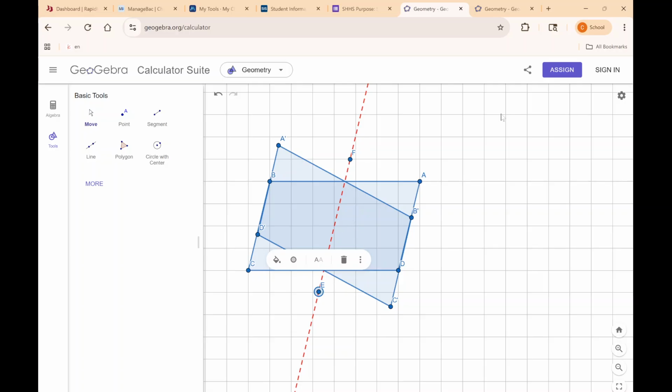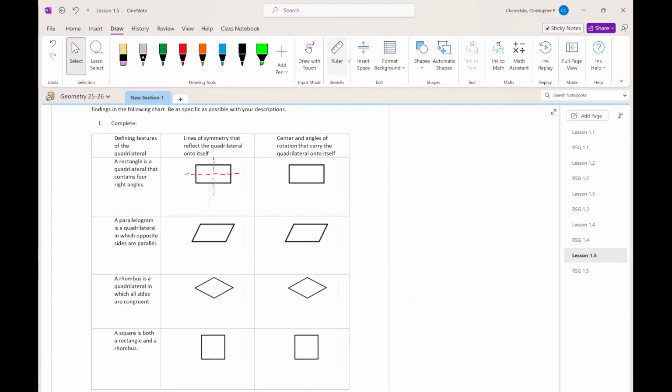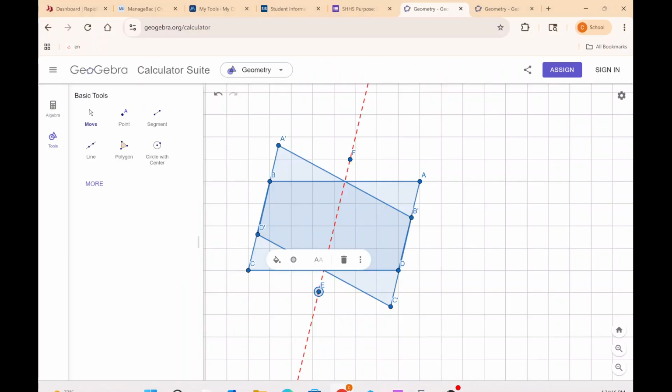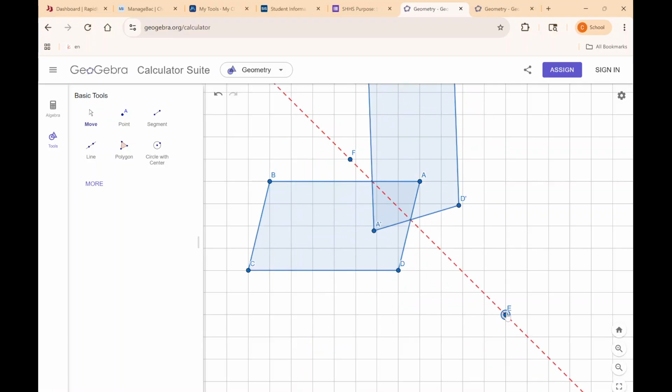Okay, cool image, but not a line of symmetry. And that is the thing about parallelograms, is that there are no lines of symmetry. No place I can put that line to make it work. Okay, let's move our line of symmetry out of the way here.